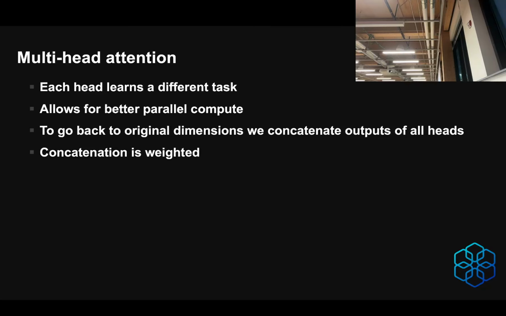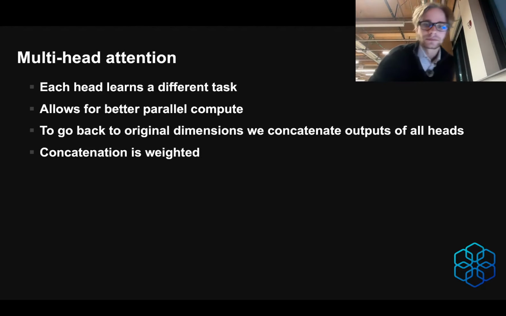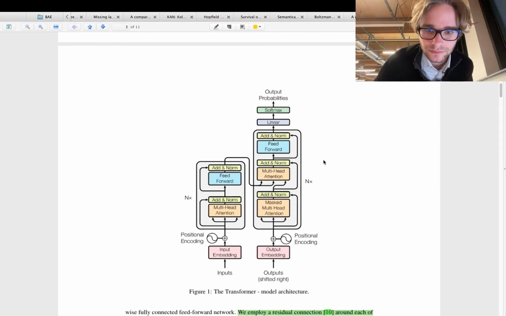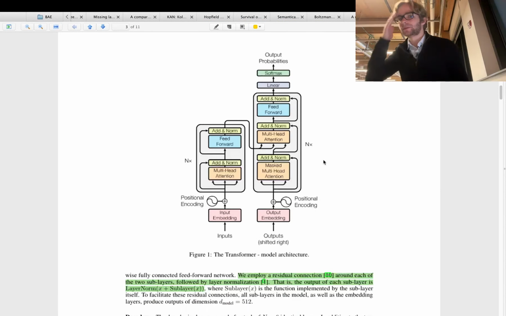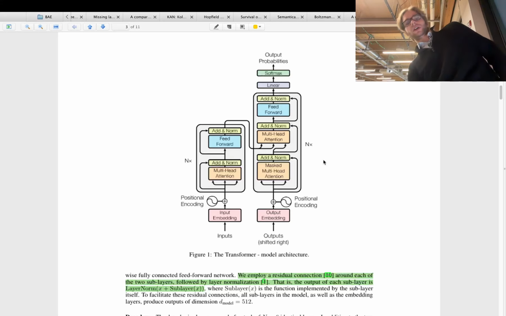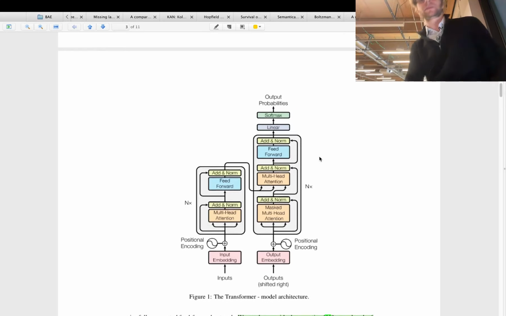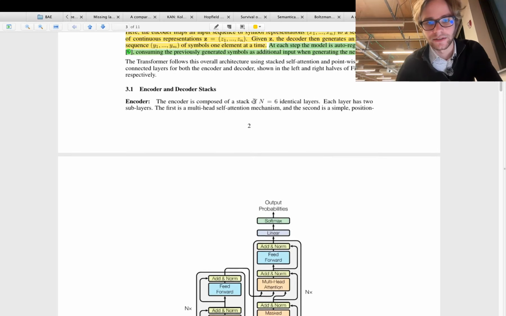I actually have one question. Maybe back on the paper. There were the boxes, and I think they had a label Nx next to them. Does that mean it keeps going for a certain amount of time? Yeah. In this paper, they mention that they have 6 layers.